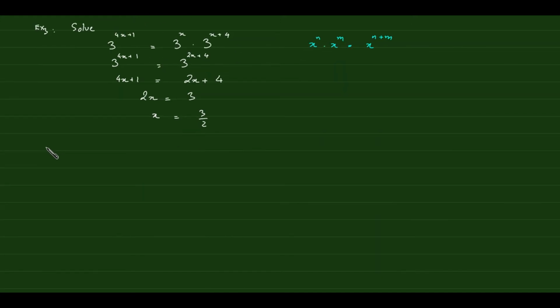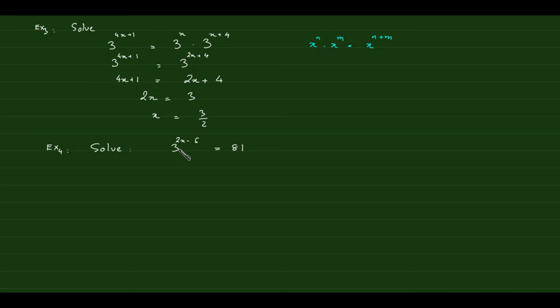Now, what if the base is not the same? Then, of course, we gotta do something so that it becomes the same. For example, in this problem, I have 3 raised to 2x minus 6, and over here I have 81. On the left hand side the base is 3, and it's a prime number already. On the right hand side the base is 81, with an invisible exponent of 1, so you see the base is not the same.